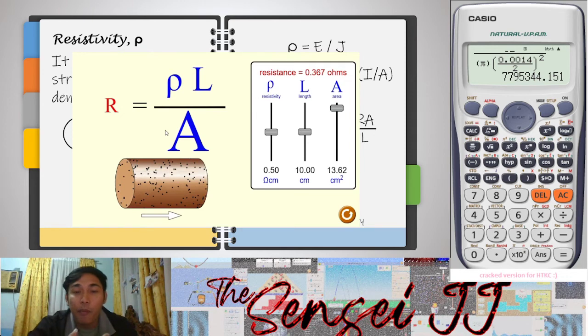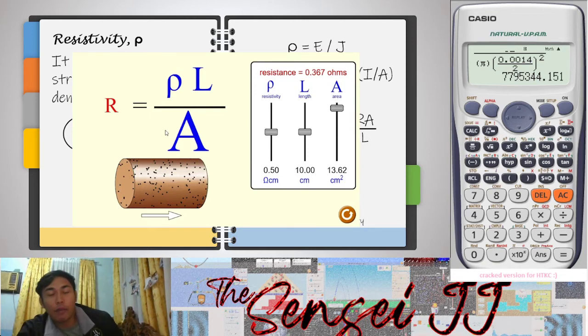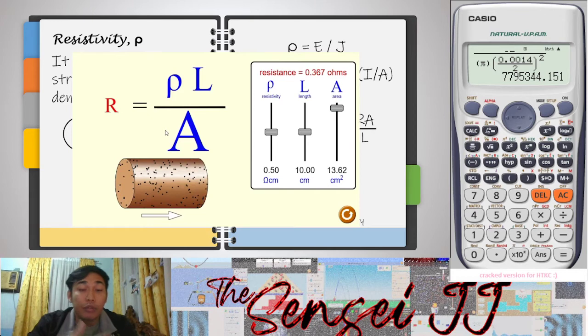So in this case, we can safely assume that when we make our area smaller, our resistor will eventually get bigger or larger in terms of its values. Okay, in terms of its values.